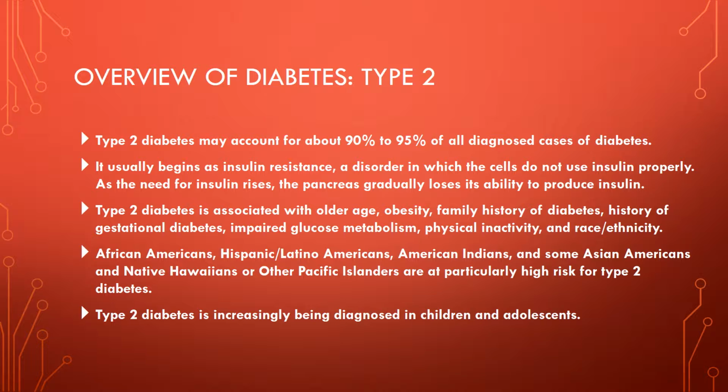So this is part of the problem with childhood obesity, is that the development of type 2 diabetes is increasing and happening earlier, and there are numerous health problems, of course, with diabetes. Diabetics tend to have eye problems.